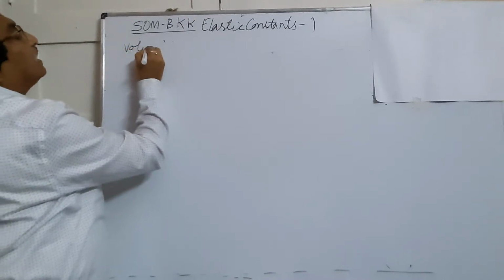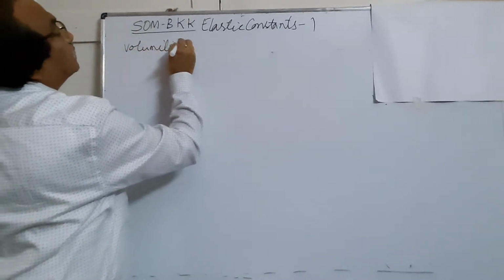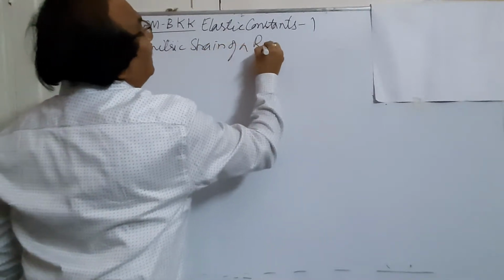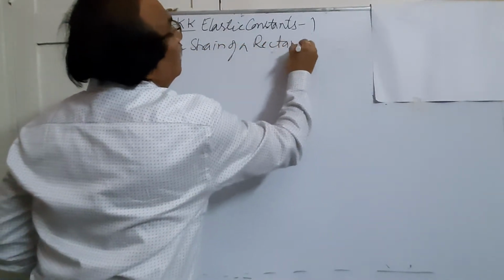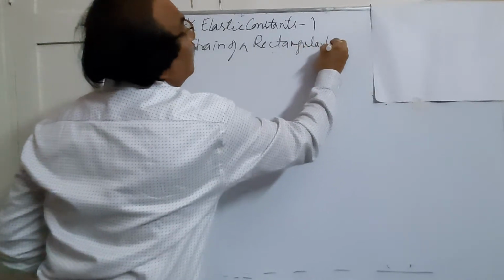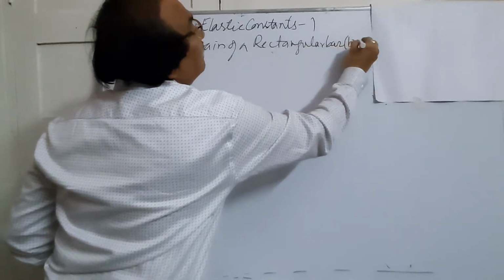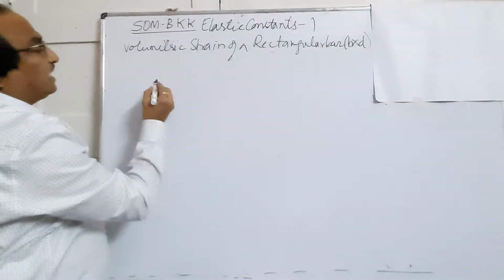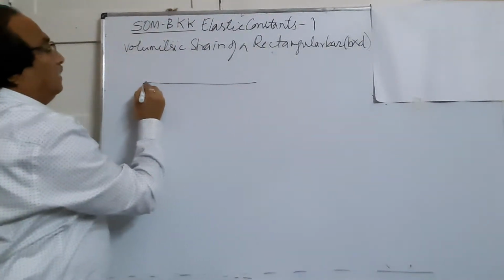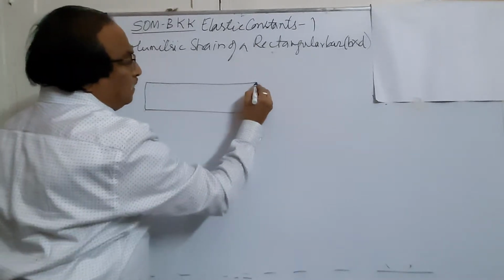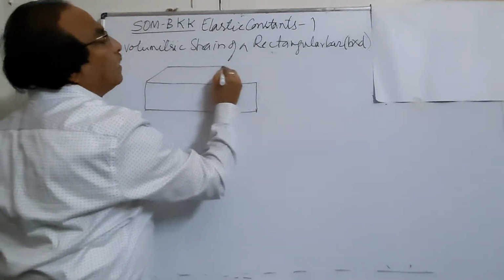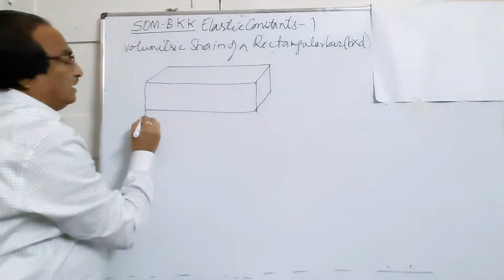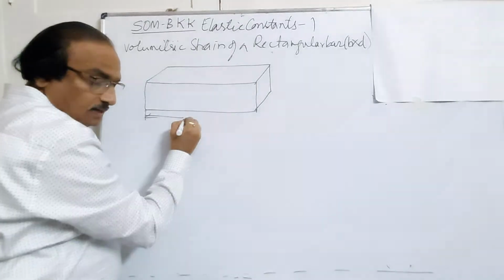Volumetric strain of a rectangular bar. Size of bar is B by D. If I take the size as B by D, let us take a rectangle here. Let L be the length of the rectangle.